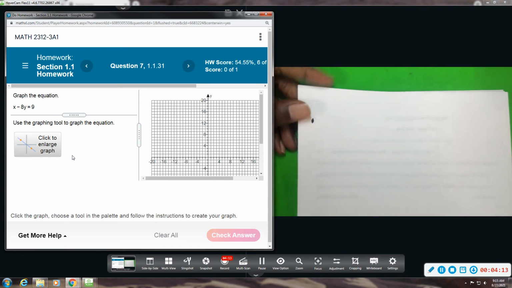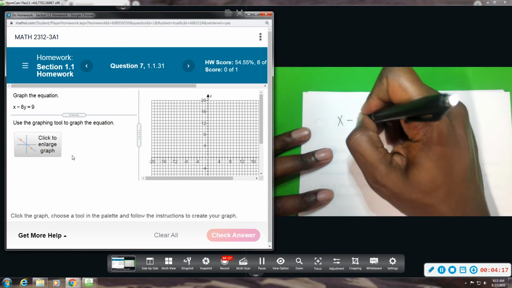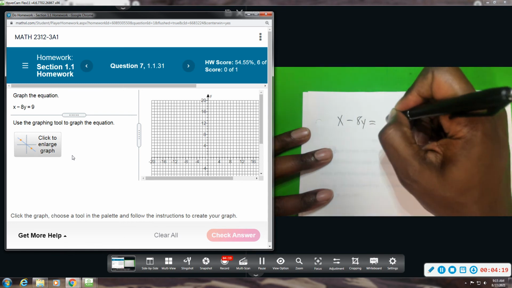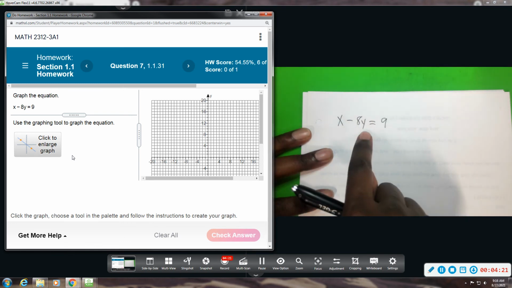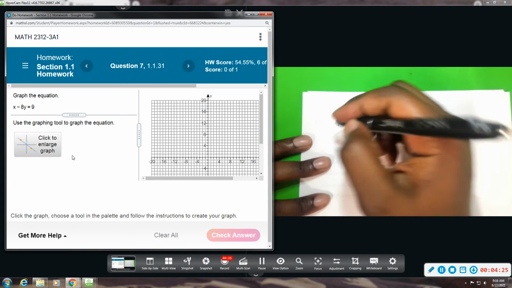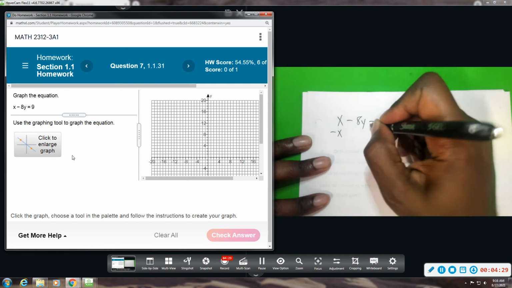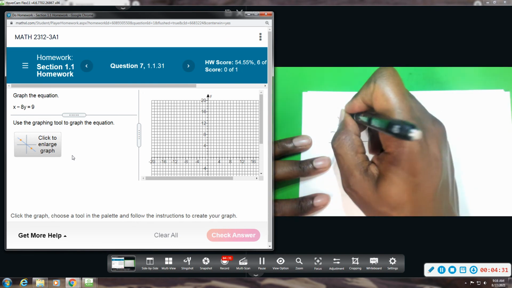So we have to solve for y. So x minus 8y equals 9. We're going to get y by itself. So first I have to get rid of this x term by subtracting it over since it is positive. So we're going to subtract x from both sides of the equal sign.